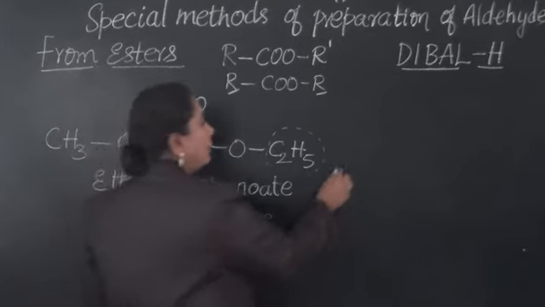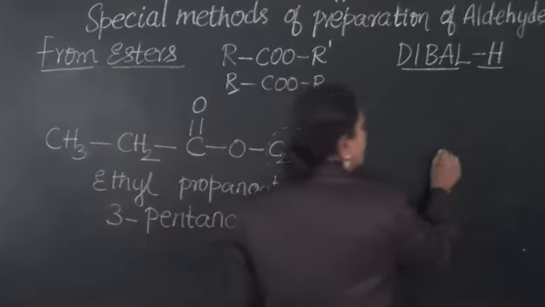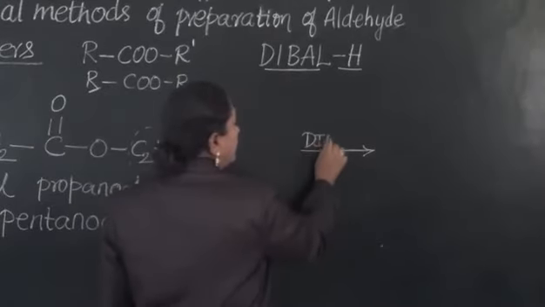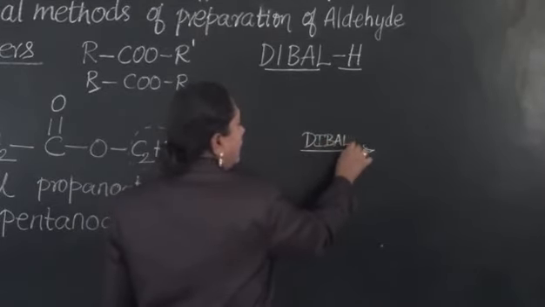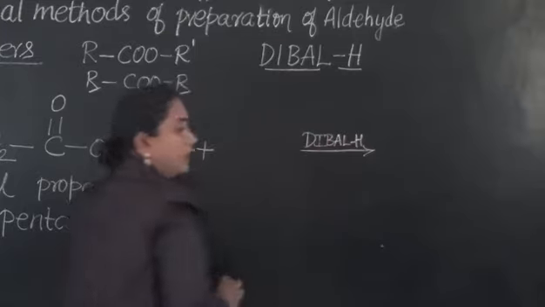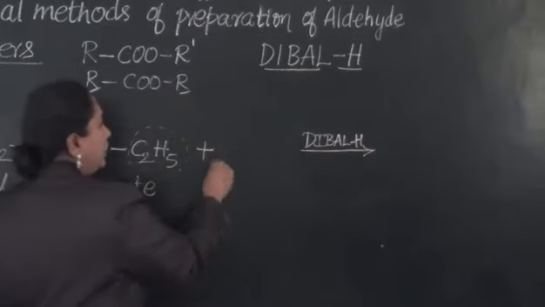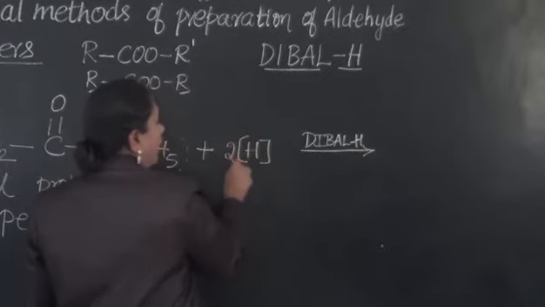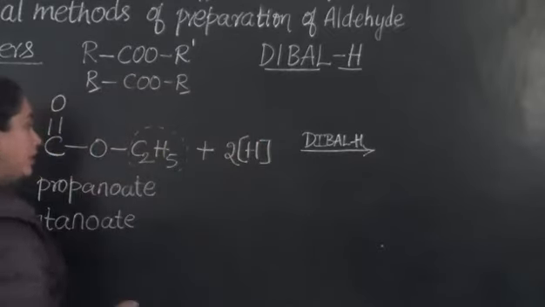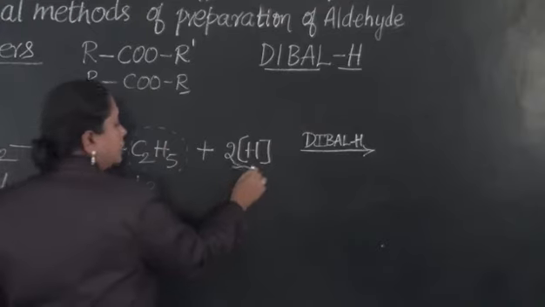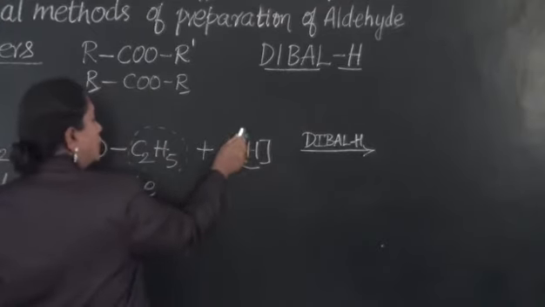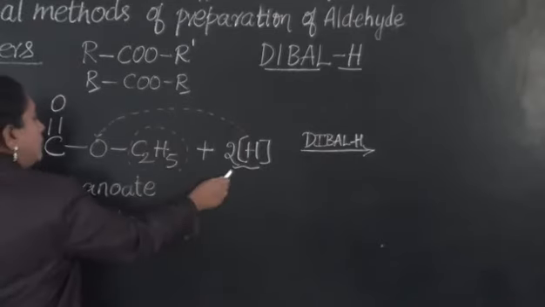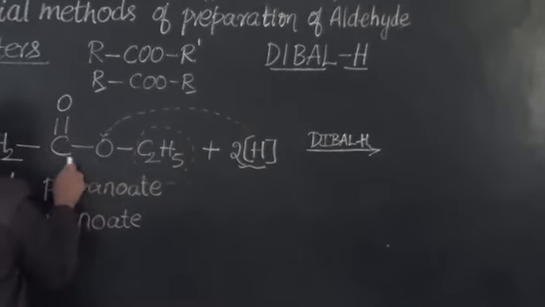So ethyl propanoate is treated with diisobutyl aluminium hydride, which is a very good reducing agent. This will release nascent hydrogen. And what happens now? There are 2 hydrogens, as you can see. One hydrogen will link with this oxygen, and one more will link with the carbon.